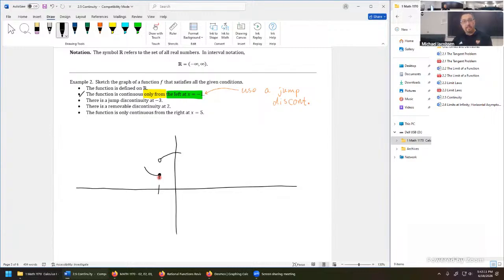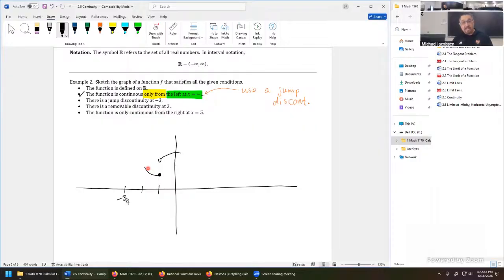Okay, let's go for bullet point 3. Next condition is that there's a jump discontinuity at -3. And it doesn't specify anything about how single-sided continuity is going to work on this one. So it's up to your imagination how you want to draw that out. Again, this is why we only drew a little bit of the curve, because there's more conditions at -1, -2.